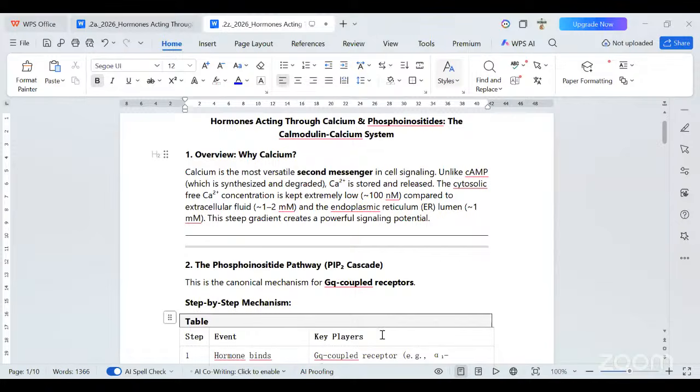So let me share the material we'll be using for today's class. Today we'll be talking about, can we see the material I'm sharing?